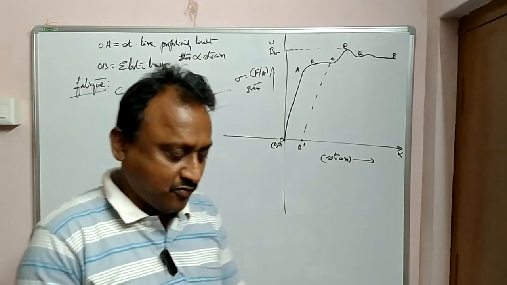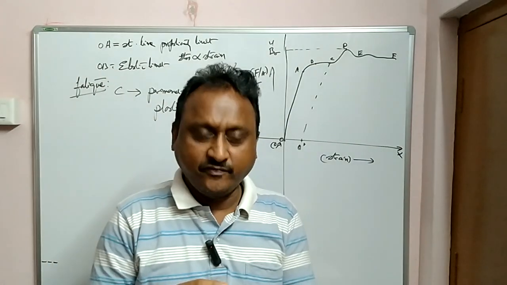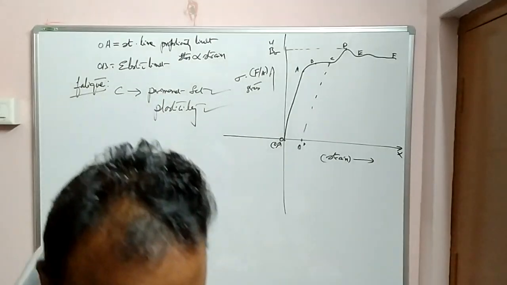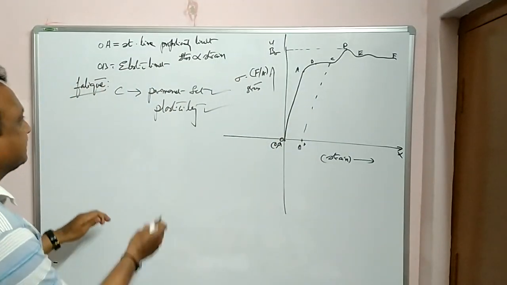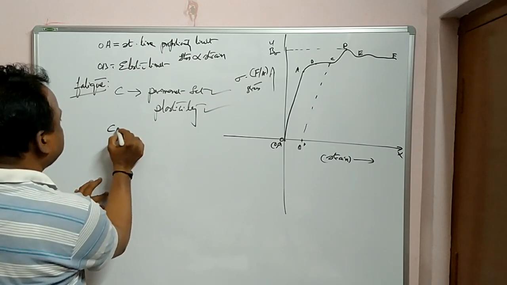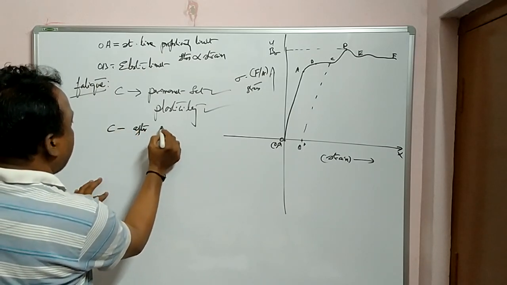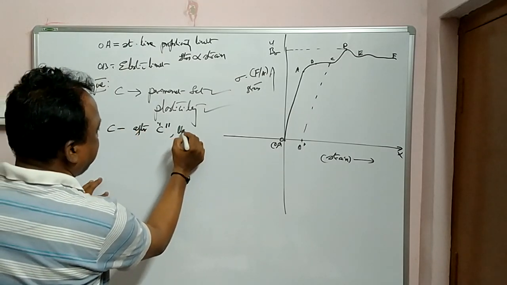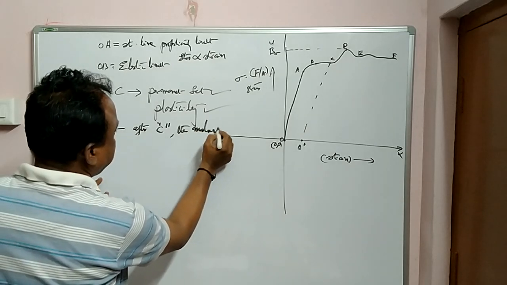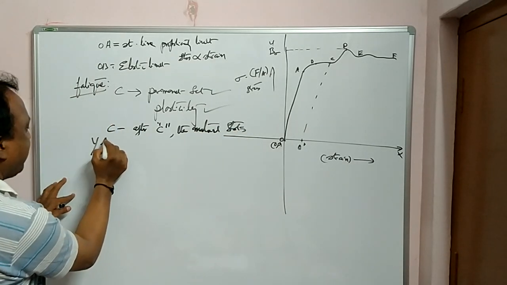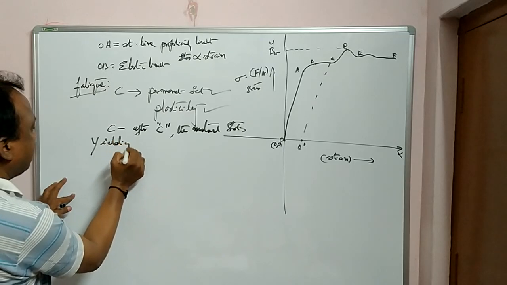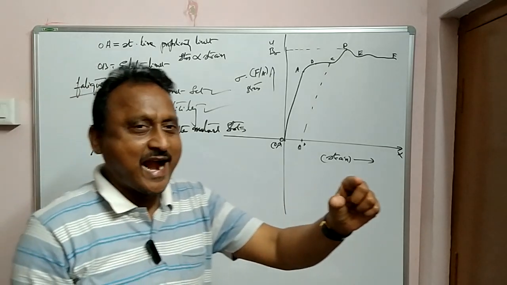Now what is after point C? After point C, if you apply some more load to the material, the material starts yielding. What is meant by yielding? That means lateral strain will be there.